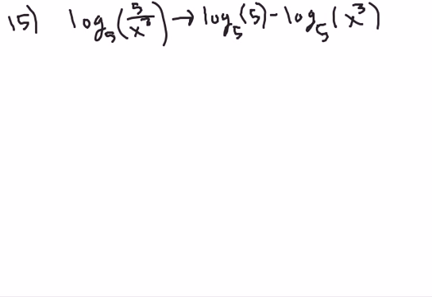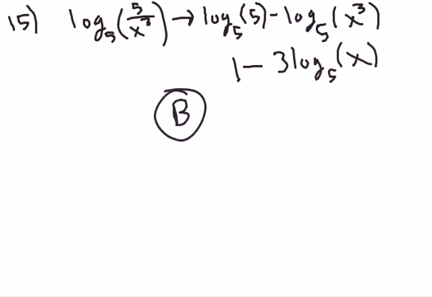Again, because it's division, it becomes subtraction. Log base 5 of 5 is 1, because 5 to the first power is 5. And this guy here, we can bring down by the power rule, bring down the 3 out front. So we have 3 log base 5 of x, which is option B. So the answer here would be B.